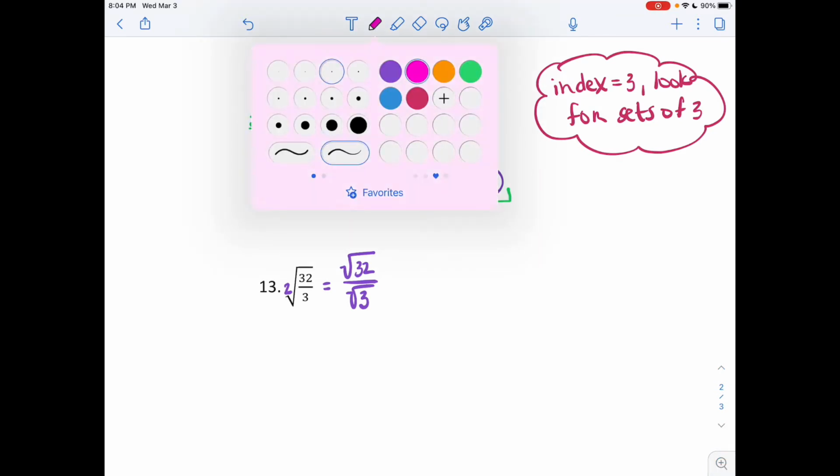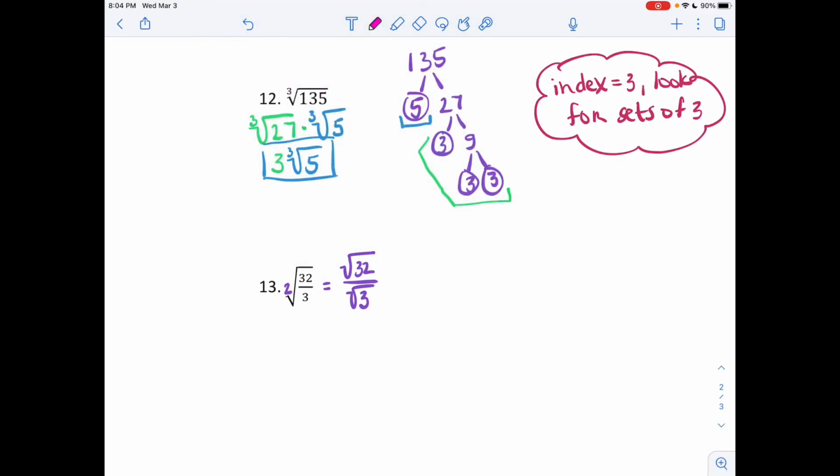Here's the first step. We're going to multiply by a special form of the number 1. I really would like to have another square root of 3 here so that I have square root of 3 times square root of 3, which will give me 9, and that's a perfect square. But if I do that, this is no longer the same expression that I started with.